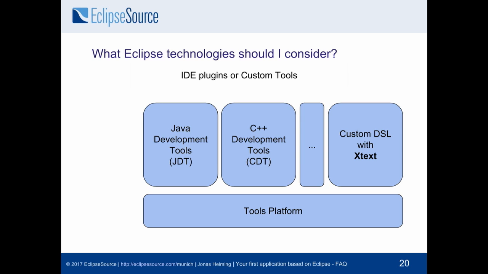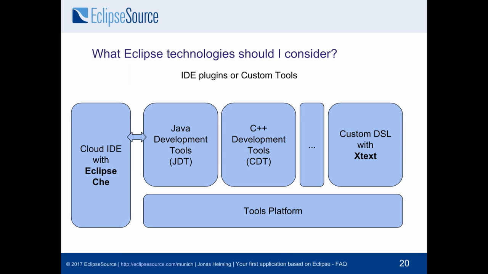Plus, there is a framework to develop language support for your custom language. That's called Xtext. So if you need to define code editor, syntax highlighting, and autocompletion for your own language, then you should definitely have a look at Xtext, because it can generate most of this feature just by defining a grammar for your language. Pretty extensive feature set.